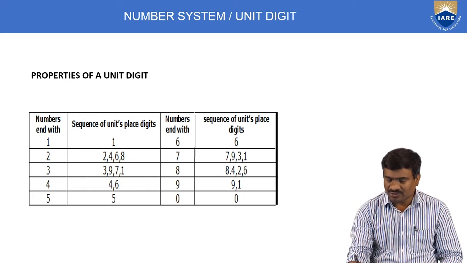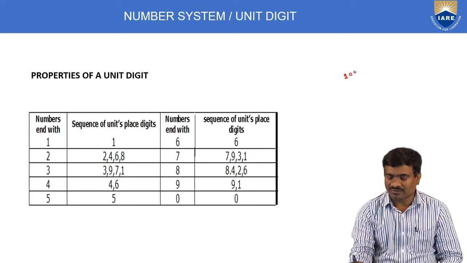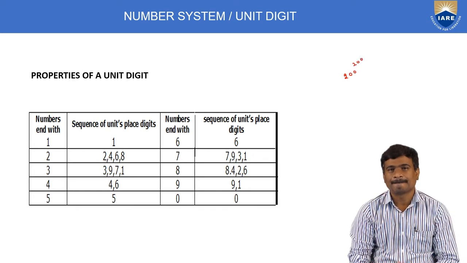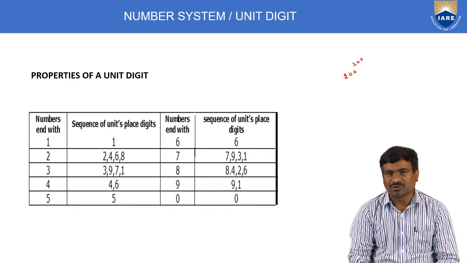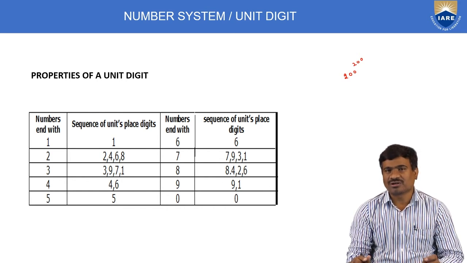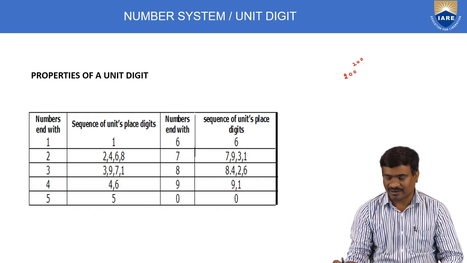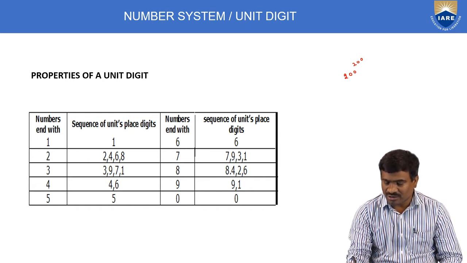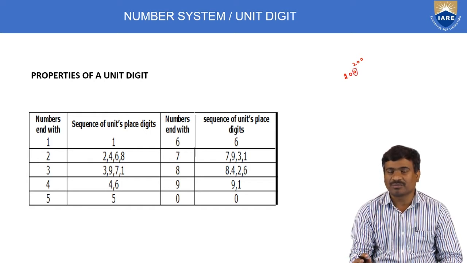Find the unit digit of 200 to the power of 200. Unit digit or last digit. In 200, consider only the unit digit, but not the tens digit or hundreds digit.